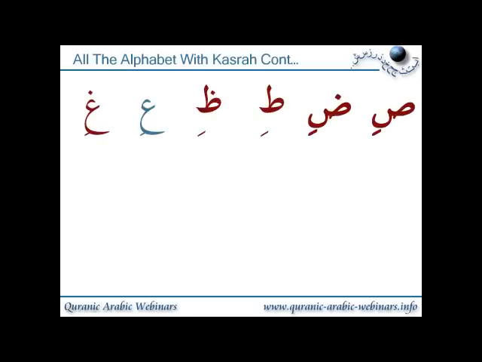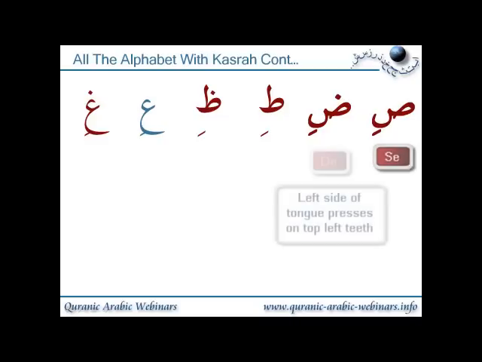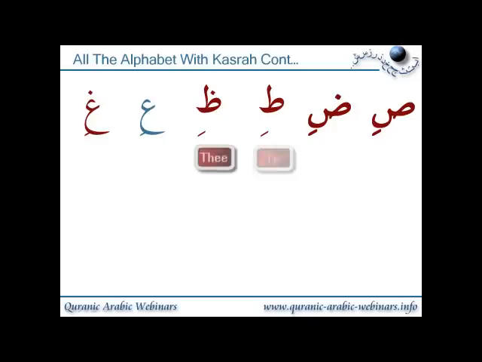Now we come on to 4 of the tafkhim letters, i.e. the heavy sounds, all done with full mouth. Si, the, the. Again, the, your tongue is between your 2 front teeth.